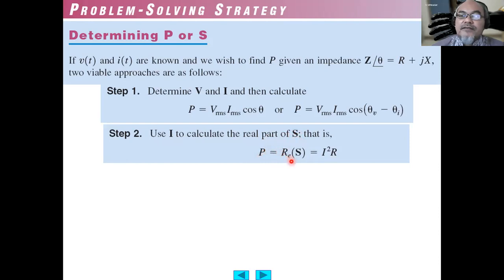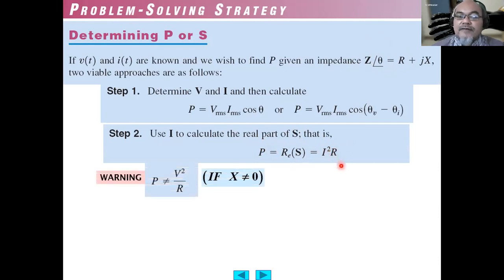So the active power is the real part of the complex power, equal to I squared times the real part of the impedance, which is the resistance, like I squared times R. From here we know that the power is not equal to V squared divided by R, as we may have learned in semester 1 for a pure resistive network. This is not true, especially when the reactance is not equal to 0.